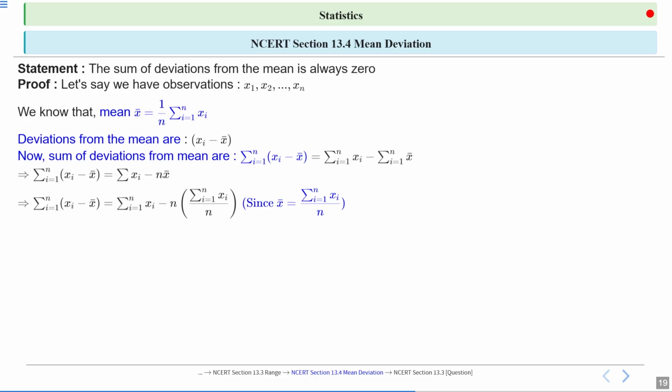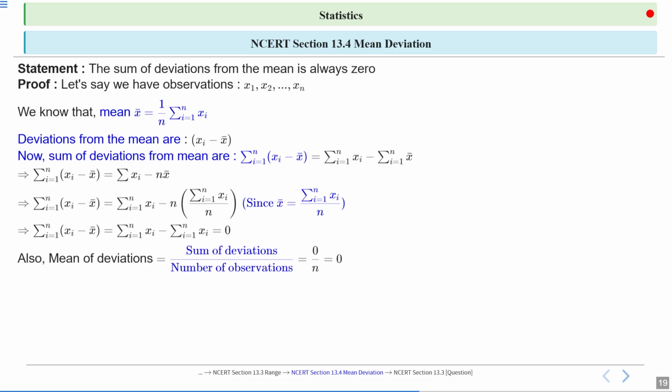This is equal to the summation of xi minus n times the summation of xi upon n, since x bar equals the summation of xi upon n. So the summation of (xi minus x bar) equals the summation of xi minus the summation of xi. Here the terms cancel out and we get 0.